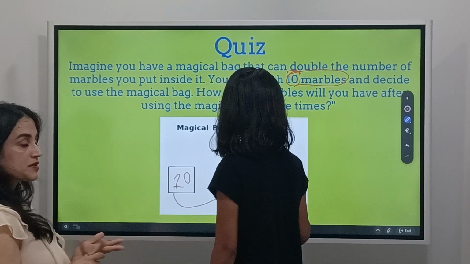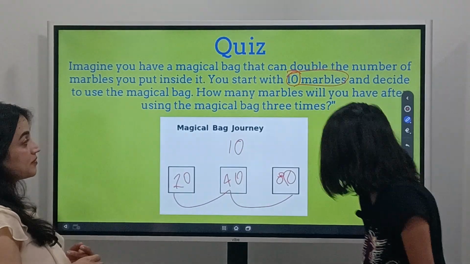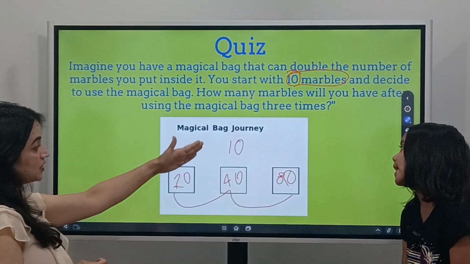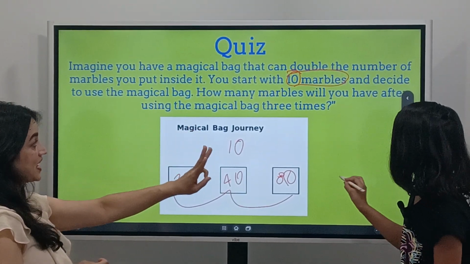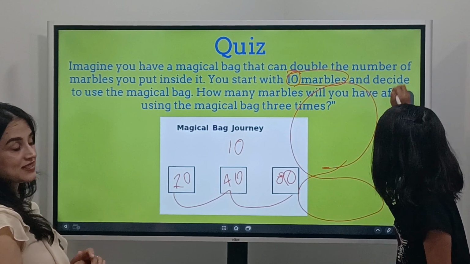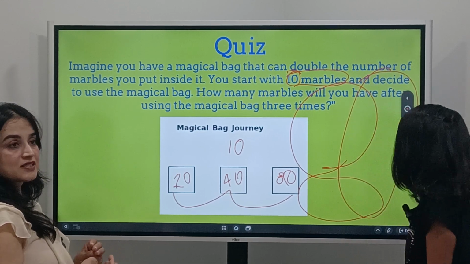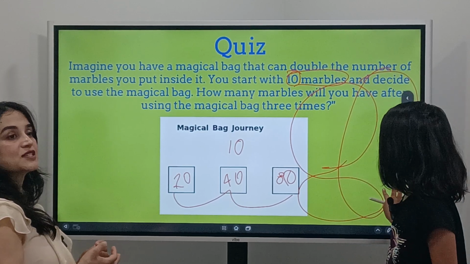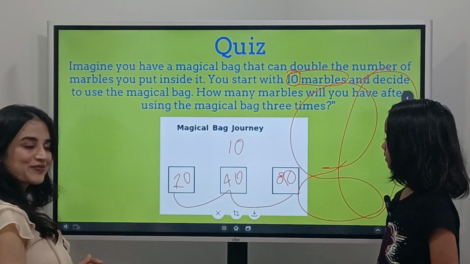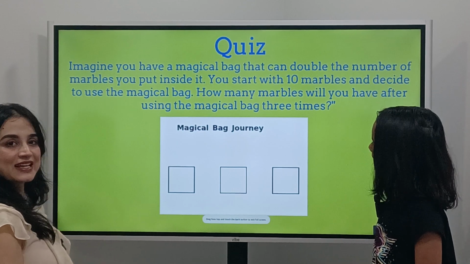And 40 doubled? 80. So if you double the 10 three times, what number do you get? 80. Correct. That's it, that's how you can practice with the children at home to master the tables.